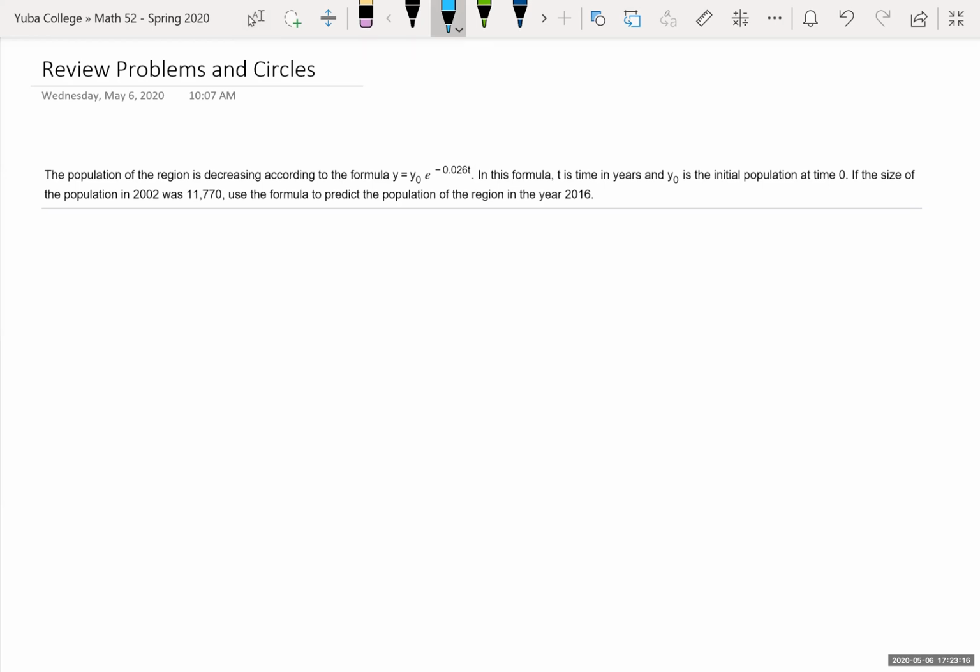So right here it says t is time, in years. Y sub 0 is the initial amount at t equals 0. Okay. And then it told us what the population was. And so the population was 11,770. So this is going to be our initial amount.